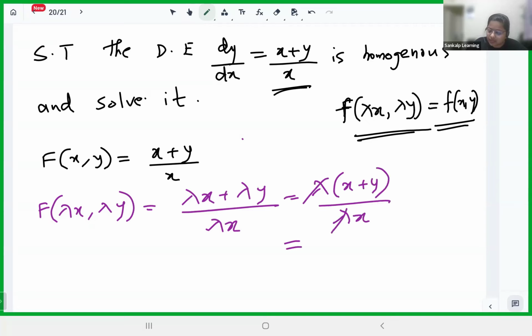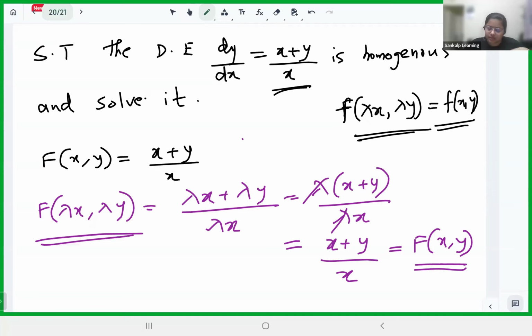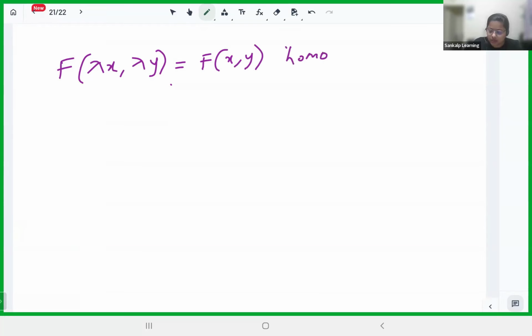That is, f(λx, λy) = f(x, y). Okay, so it is a homogeneous function of degree 0.